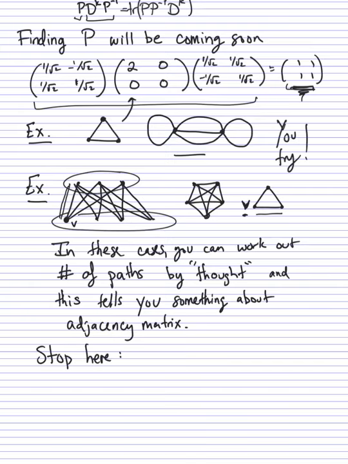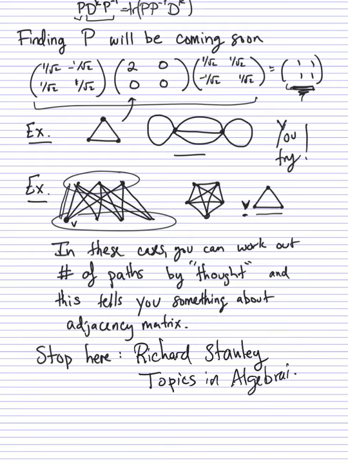Maybe I will just advertise for now a great resource. There are a number of resources on this, but if you look at Richard Stanley's Topics in Algebraic Combinatorics, this is where I'm sourcing this material from.